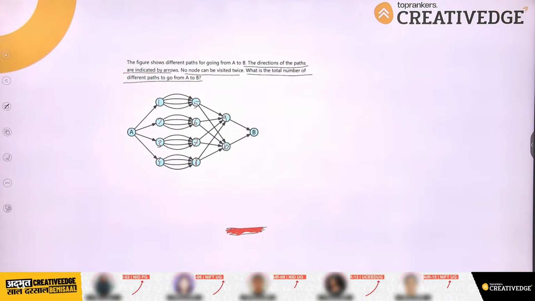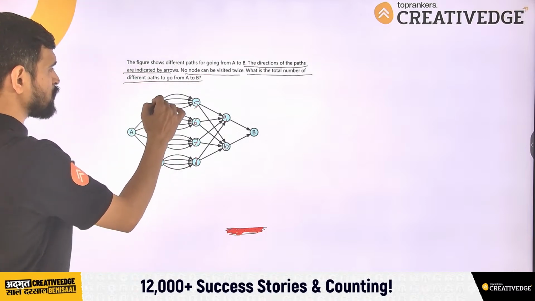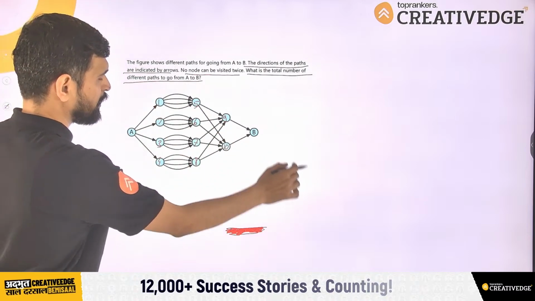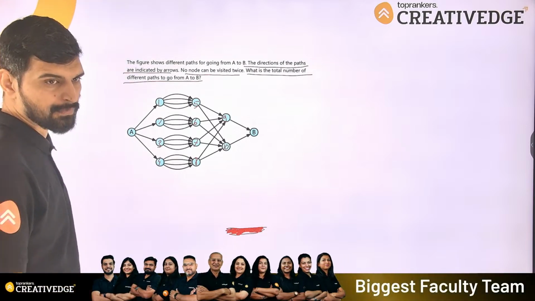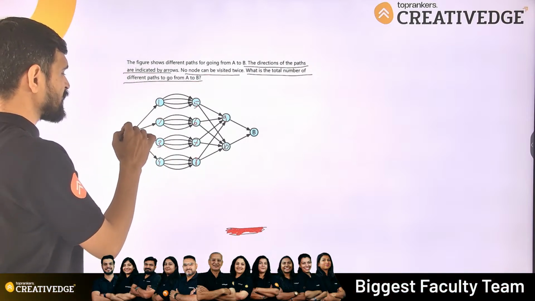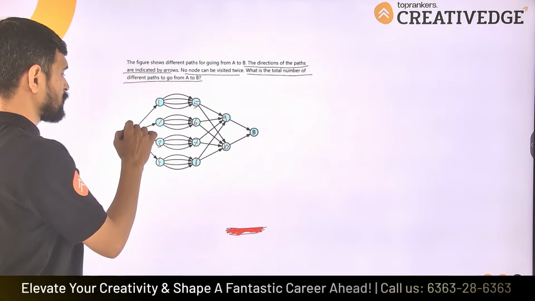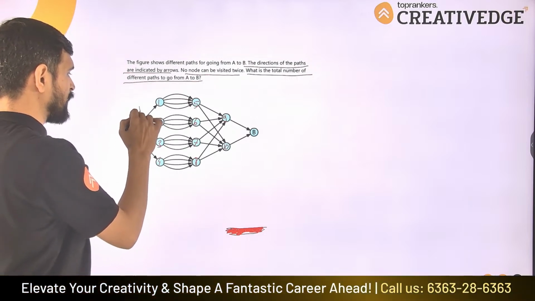In general, what people do is they count, say A to 1, 1 to 5, 5 to 9, 9 to B, and this takes a lot of your time. So what I recommend is to assign value weight. See, outward from A, A is the only one node.